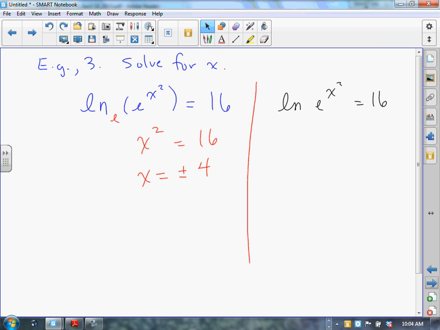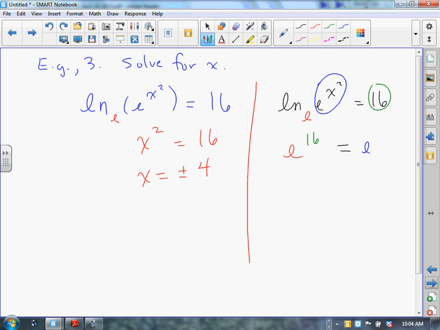So what we would have is, because it's a base e log, we would take e and we would express that to this value here, which is going to be the exponent, and then we're going to set that equal to the value of that power.